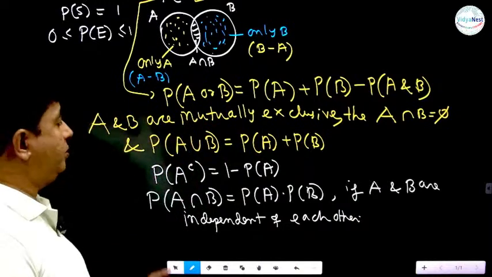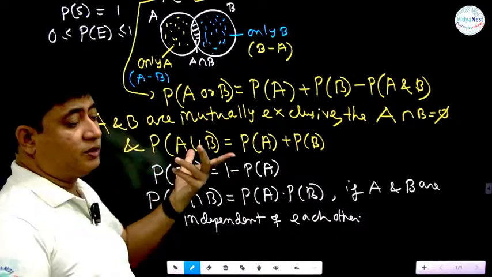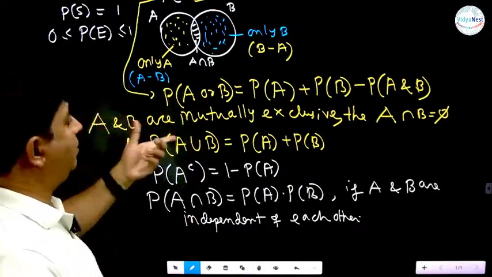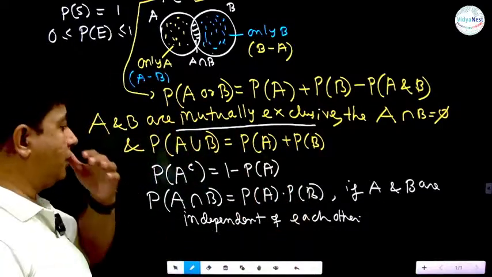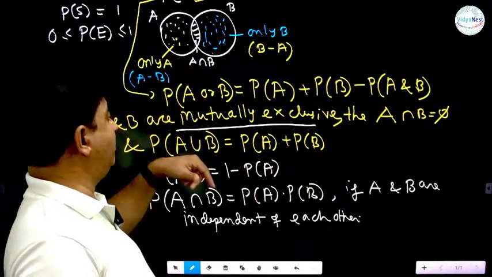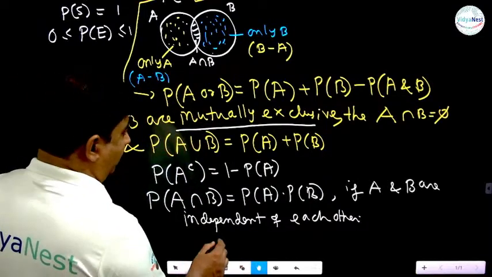Now we'll do one sum related to this property which we had done last day, mainly mutually exclusive, that part. Last day we could not get time to do any sum regarding mutual exclusiveness. Let us do one sum from that part.